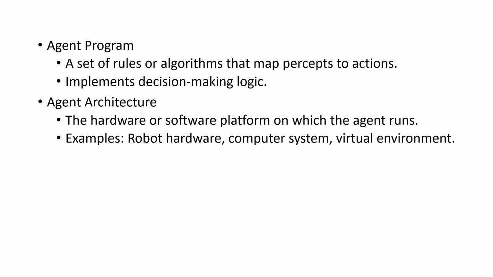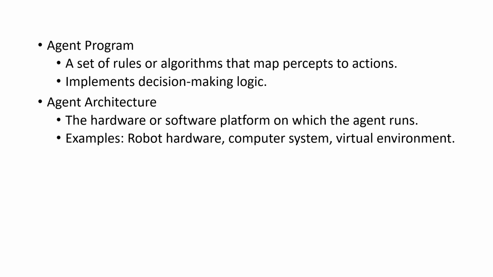Then what is an agent program? An agent program is a set of rules or algorithms that map percepts to actions. So we can say that it implements decision making logic. In the structure we have seen a square box, and actually that is the agent program.